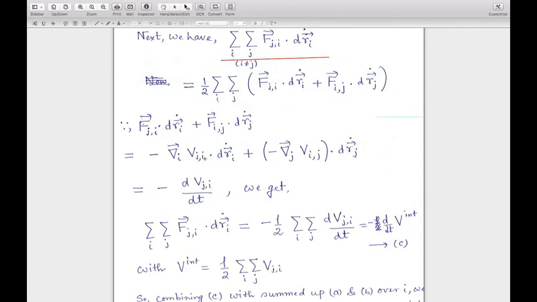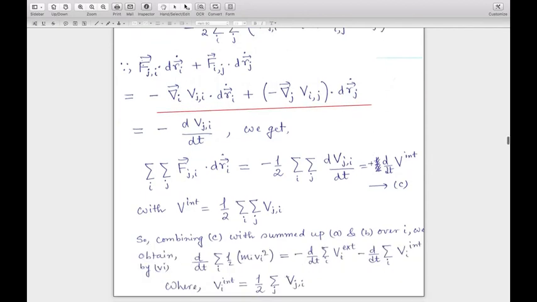So in some sense, Vji should be a function of both Ri and Rj, and if Vji doesn't have any explicit time dependence, then if you expand d/dt of Vji, you will simply be left with this expression. So I suggest you start from this expression and go into this expression. That's easier to understand.